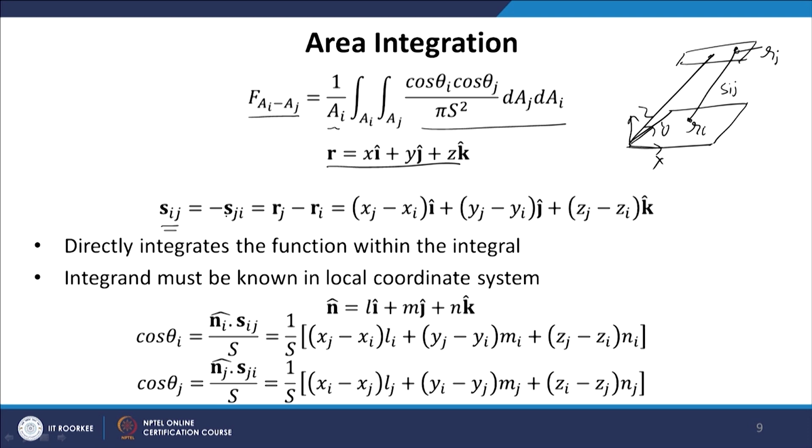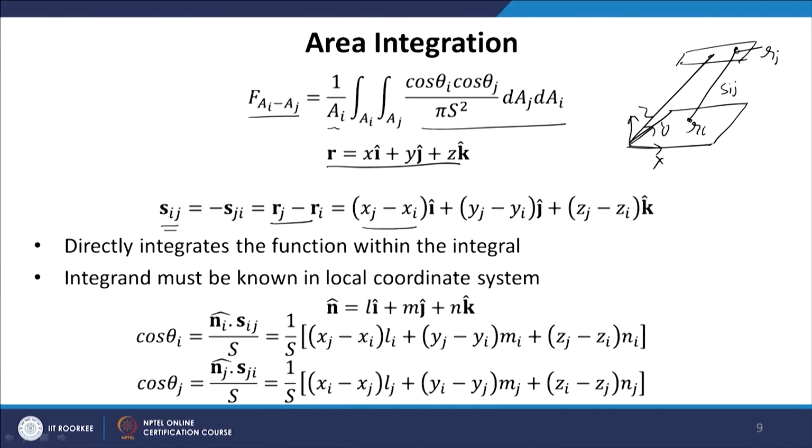So, Sij is equal to Rj minus Ri, and the direction Sji is just with a minus sign. Ultimately, what we are doing is taking the vector difference between the two coordinates, and this can be written as (xj minus xi) i, (yj minus yi) j and (zj minus zi) k.